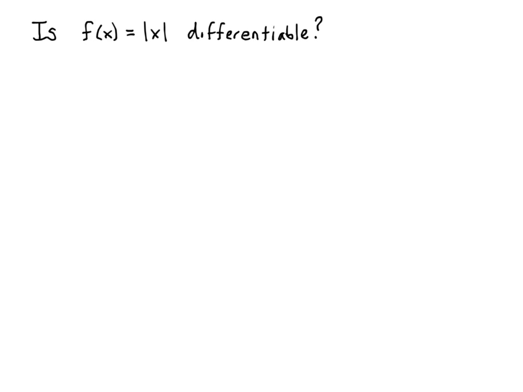So this is a perfectly good calculus question: is the absolute value of x differentiable? That means it has to be differentiable at every point. If x is greater than 0 or less than 0, the slope looks just like a line, so we would imagine it is differentiable everywhere, but we don't really know about 0 yet. Is it differentiable there?